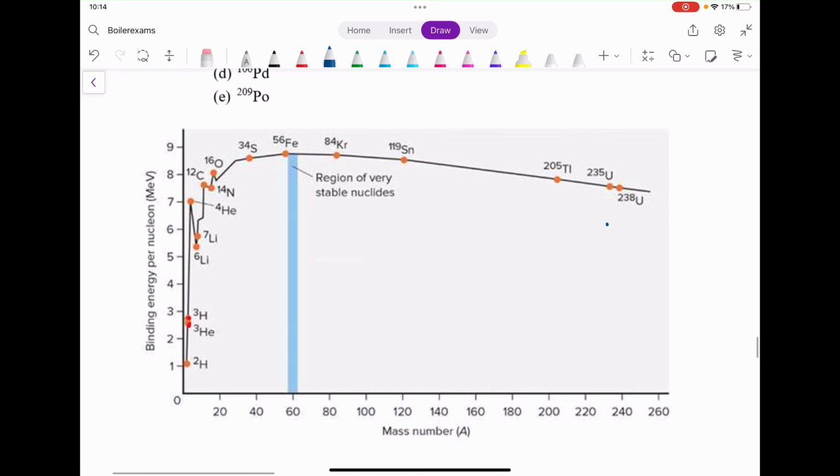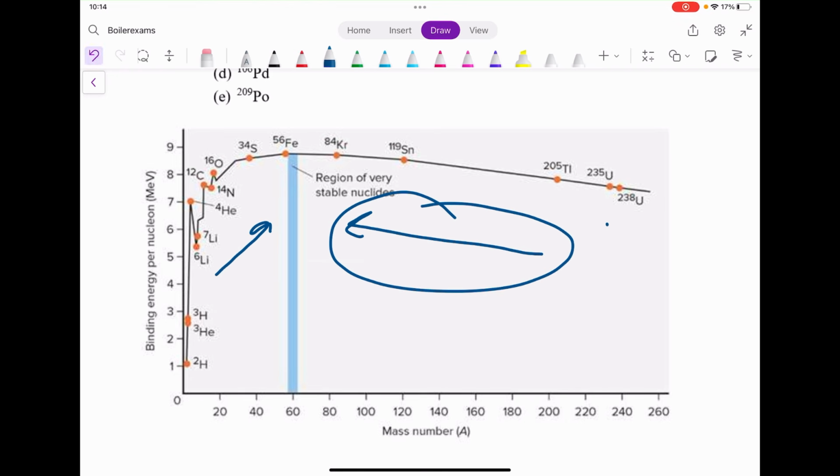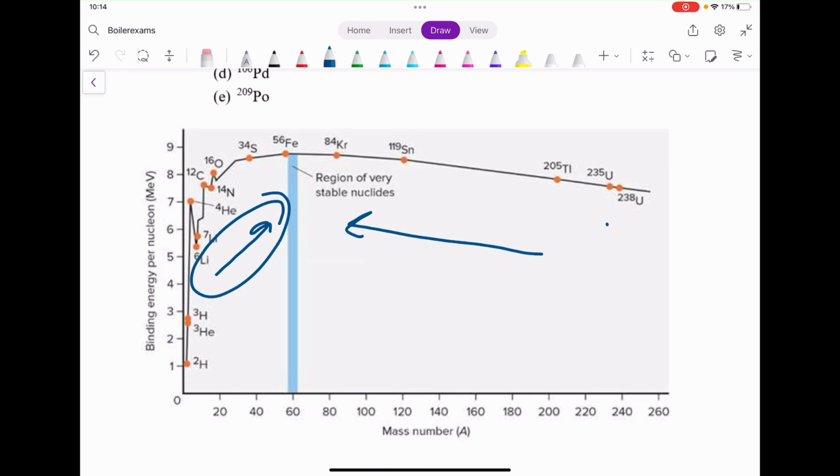Also, I was looking at this earlier. This binding energy graph is also a decent representation, and I think it's very intuitive. We know that fission moves this way, fusion moves this way. When you think of a nuclear reactor or an atomic bomb, this process releases a ton of energy, and so does this process.